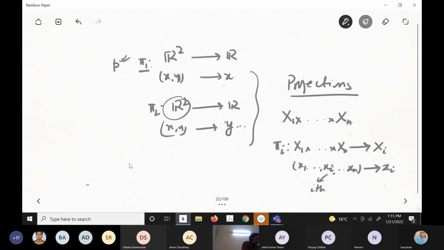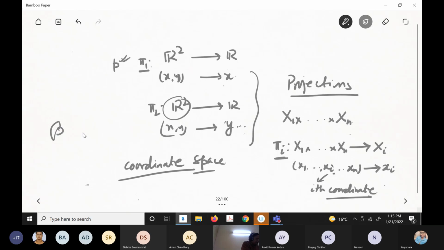That factor space is also called the coordinate space, like in geometry. So for the product space, we have the definition of the base, and the good thing is that the base and these projections give us everything.